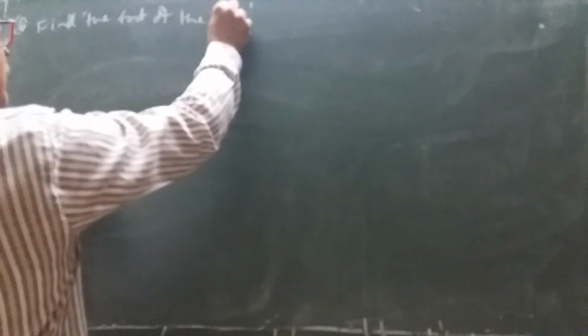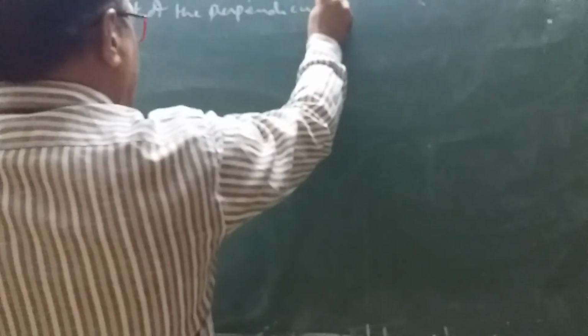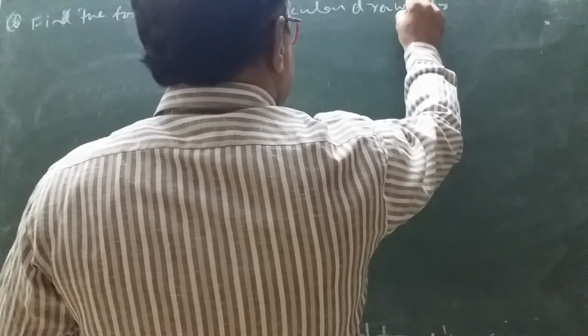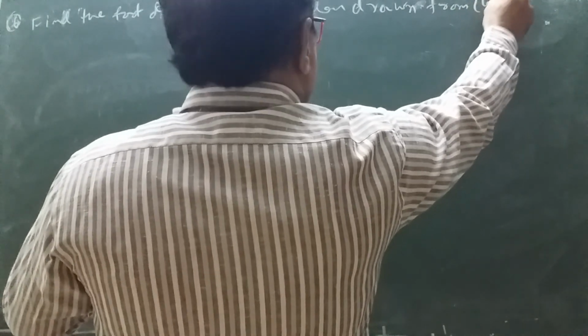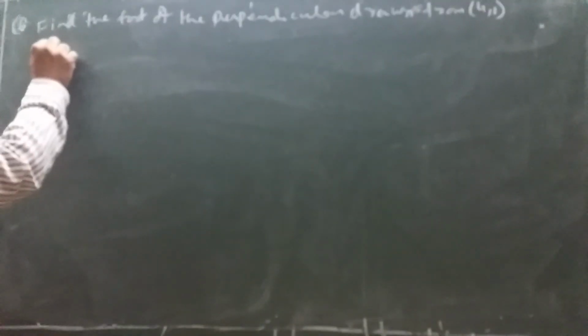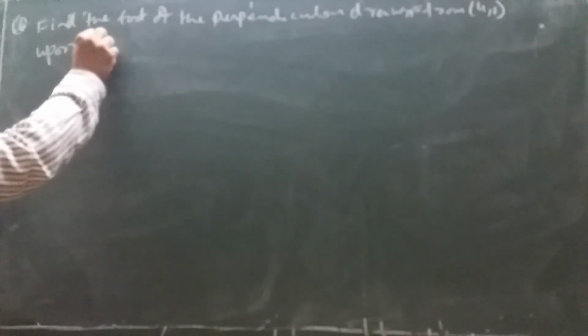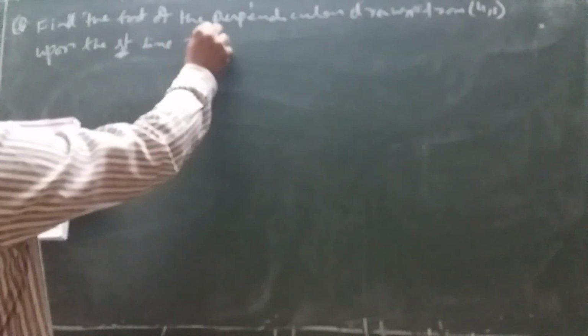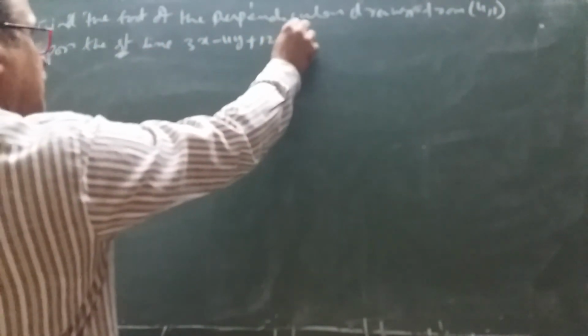That is, sixth problem: find the foot of the perpendicular drawn from 4, 1 upon the straight line 3x minus 4y plus 12 is equal to 0.